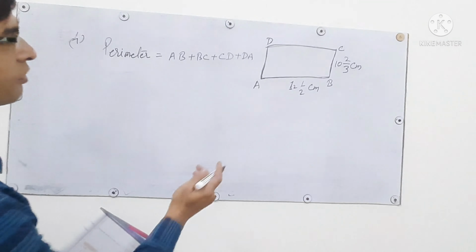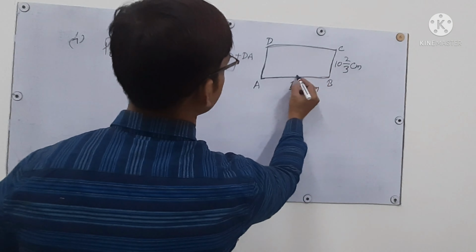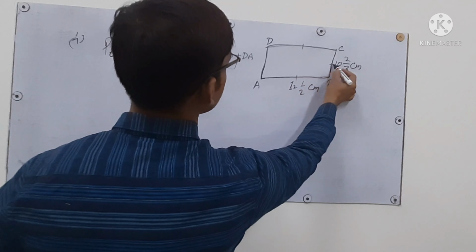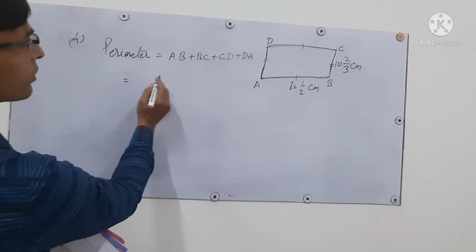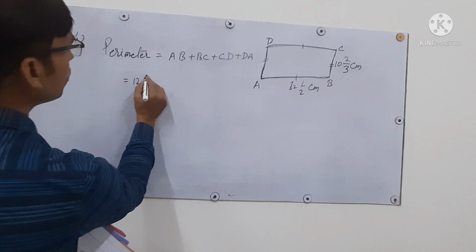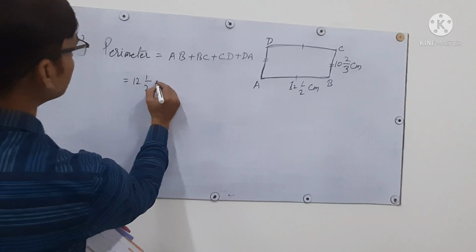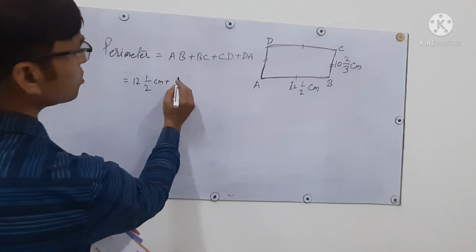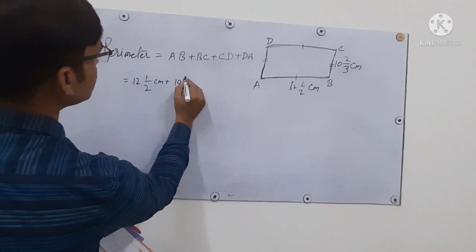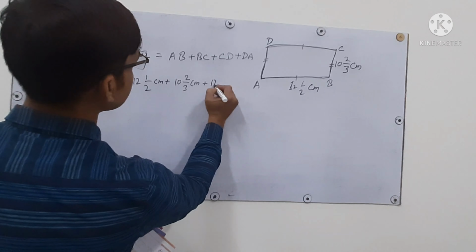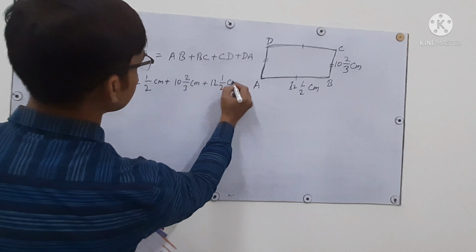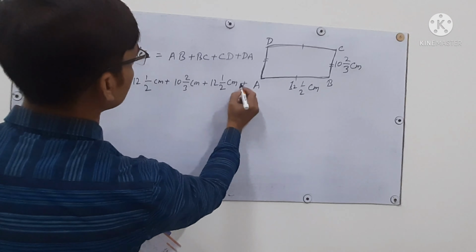If it is a rectangle, then this length will be equal to this, and this length will be equal to this. So what will be AB? AB will be 12 1/2 centimeter plus BC will be 10 2/3 centimeter. Similarly, what will be CD? Yes, correct, 12 1/2 centimeter. And what will be DA?